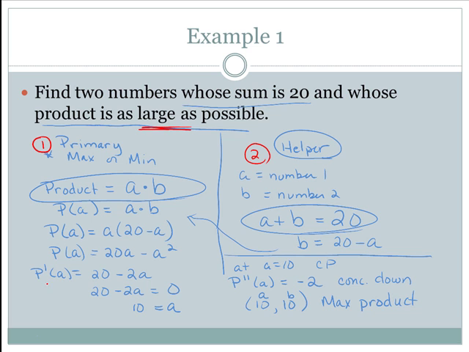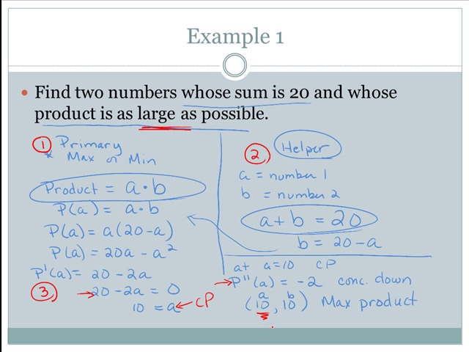We found the first derivative and set it equal to 0 so that we could find the critical point. Once we found the critical point, we tested it in the second derivative, and we found that this one is always concave down, and so therefore it is a maximum, which is what we were looking for.